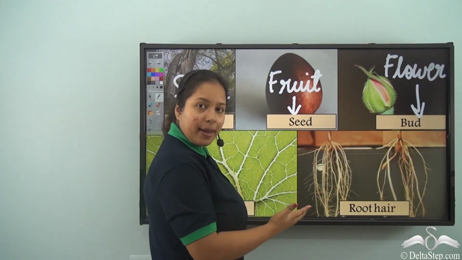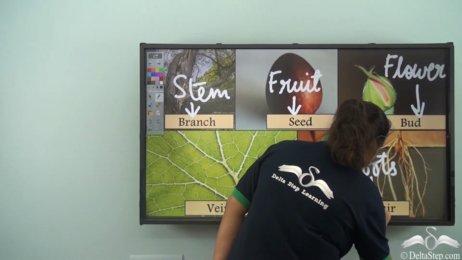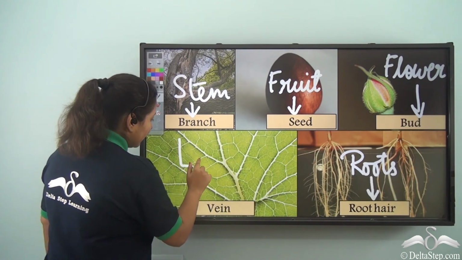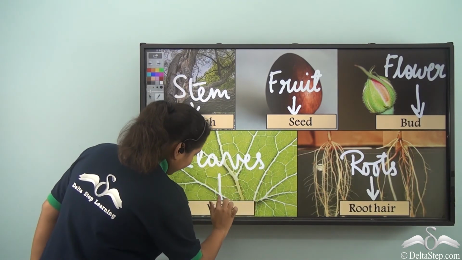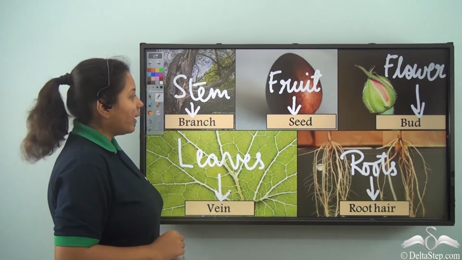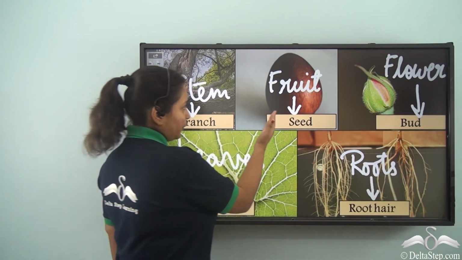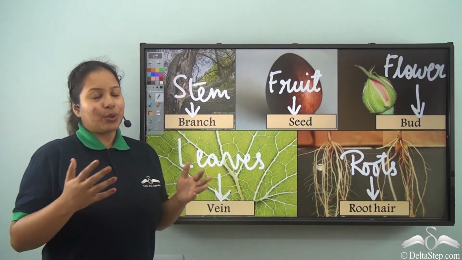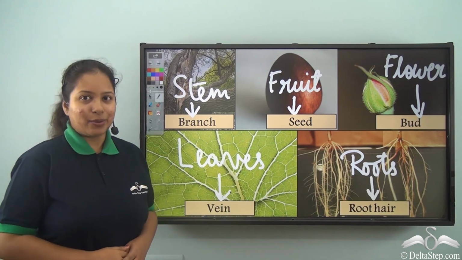What are the subparts of roots that we have learned? And they are the root hair. And finally, for leaves, the subpart is vein. So, these are the different subparts for stem, fruit, flower, roots and leaves. So, we know some more parts of our plant friends now.